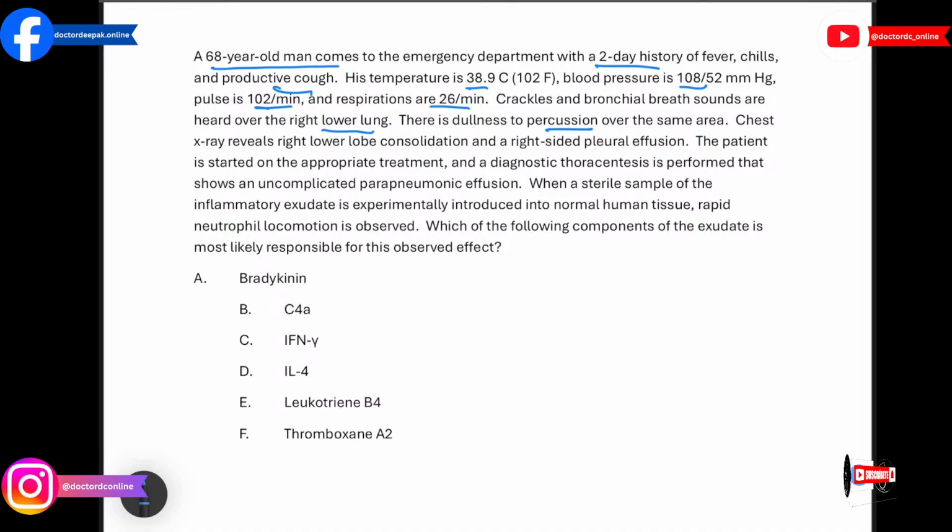The patient is started on appropriate treatment, and diagnostic thoracentesis is performed that shows an uncomplicated parapneumonic effusion. A sterile sample of inflammatory exudate is experimentally introduced into a normal human tissue. Rapid neutrophil locomotion is observed. Which of the following components of exudate is most likely responsible for this observed effect?